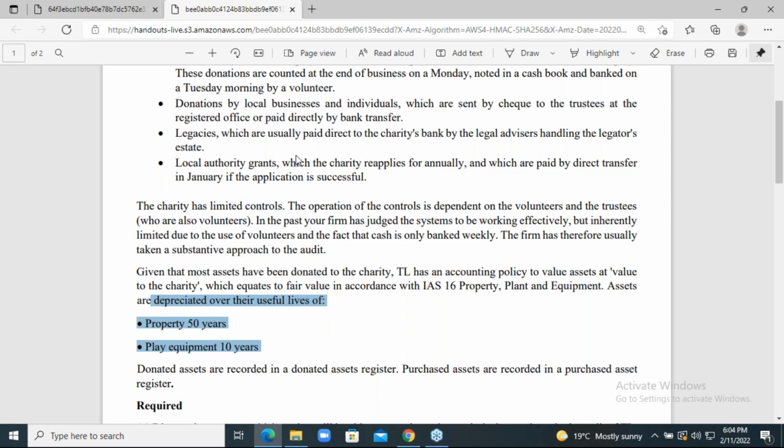Ryan, you can write: recalculate the depreciation charge over the useful life of 50 years, and you can add, like Harsha Rajesh has written, recalculate the depreciation charge over 50 years lifetime for property and 10 years lifetime for play equipment and check for arithmetical accuracy for both.